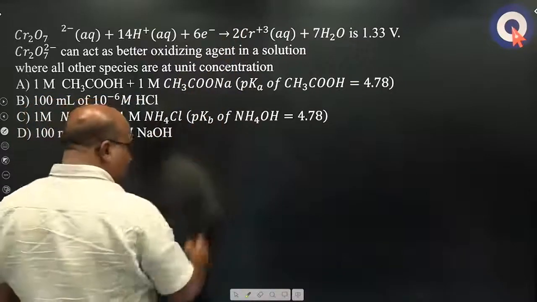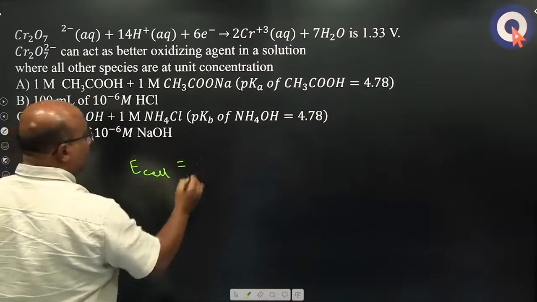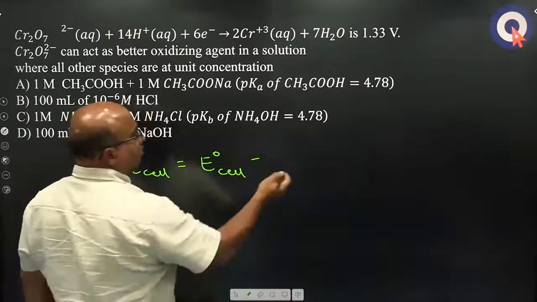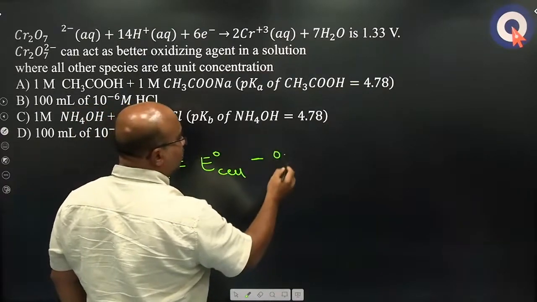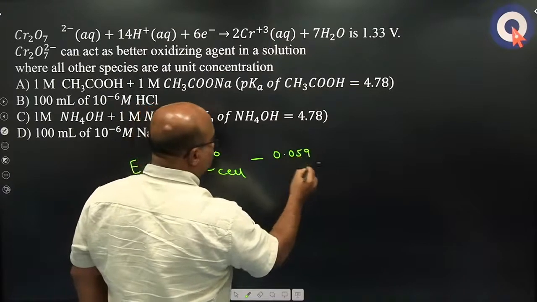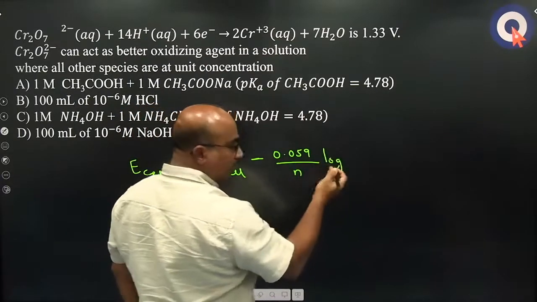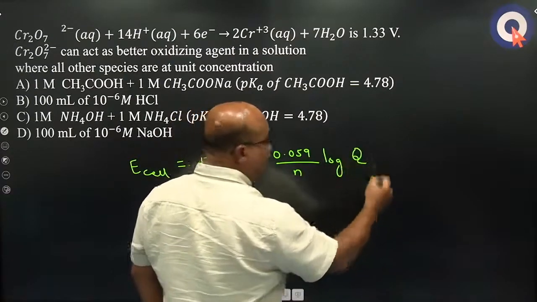So according to the Nernst equation, what do we say? E cell should be equal to E naught of the cell minus 2.303 RT, or at 25 degrees centigrade, normal temperature condition, 0.059 by number of electrons, log of the reaction quotient.